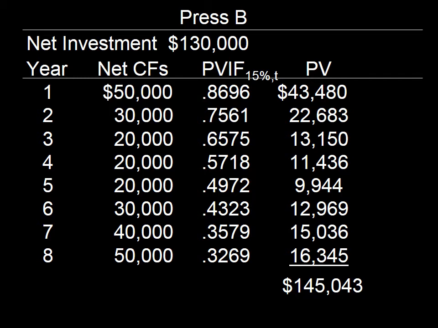Now that I have them all in the same year at present value, I can sum them up and get my total present value of cash flows at $145,043. So now I can take this number and my net investment of $130,000 and calculate my net present value.